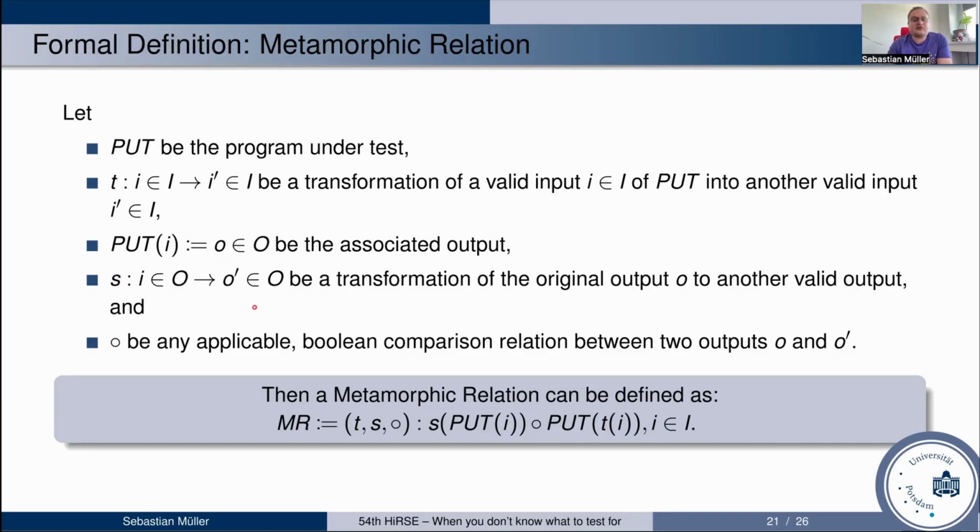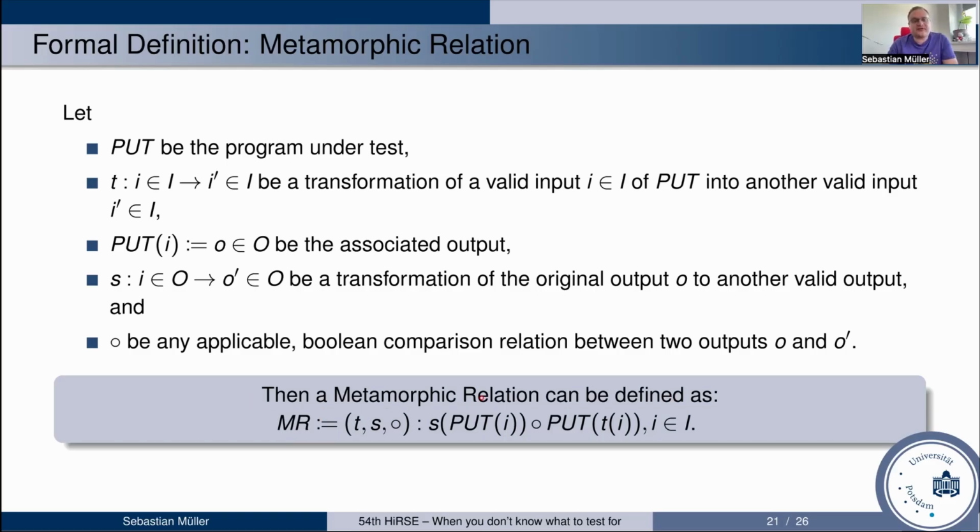We could consider an output transformation, something that transforms one output into another. And we need to consider how we actually compare these two outputs, O and O prime, to each other.